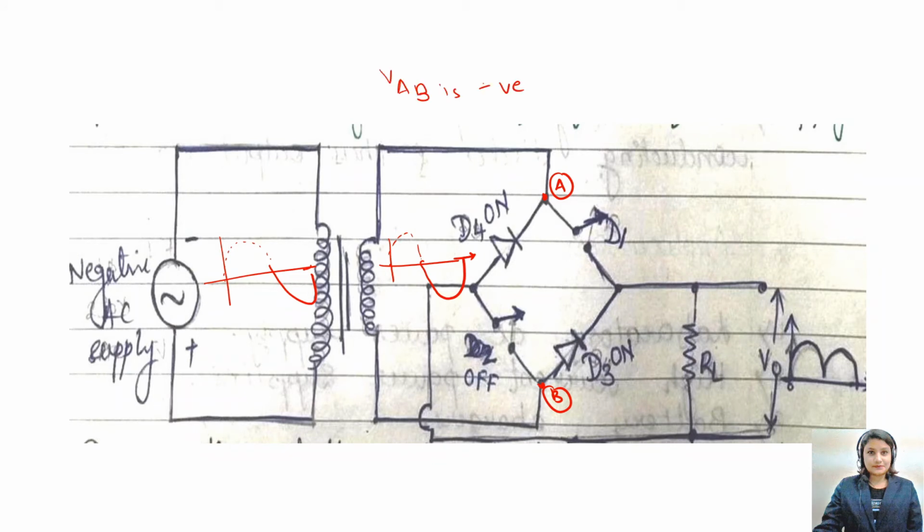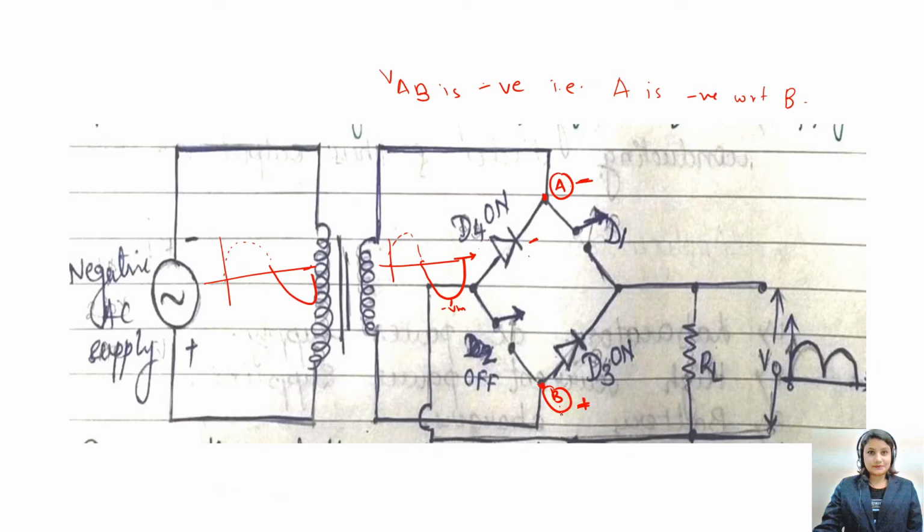That means what will happen? Your point A is negative and B is positive. The point A is negative with respect to point B. So see, your A is negative and B is positive. A point is connected with D4 whose negative terminal is connected, and now your D4 diode becomes forward biased.